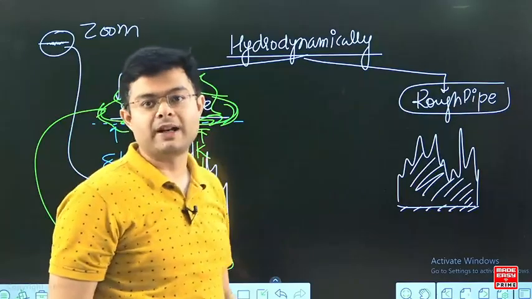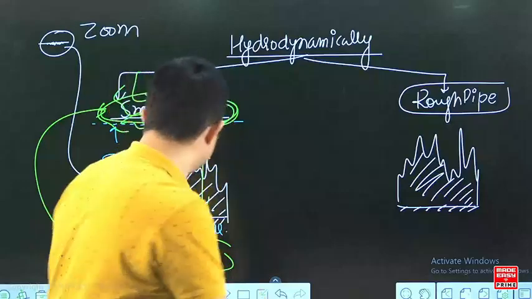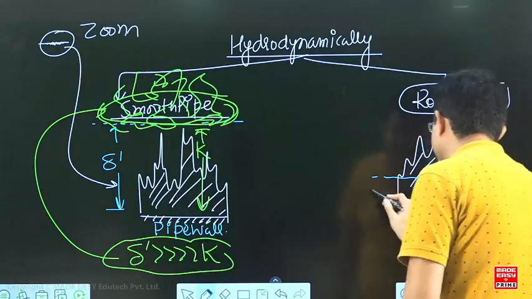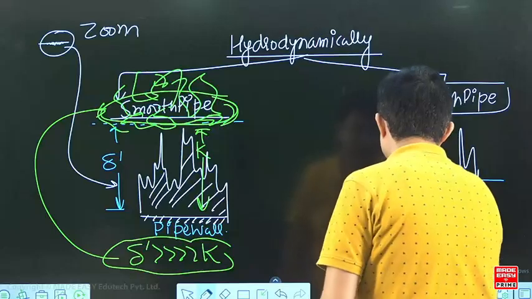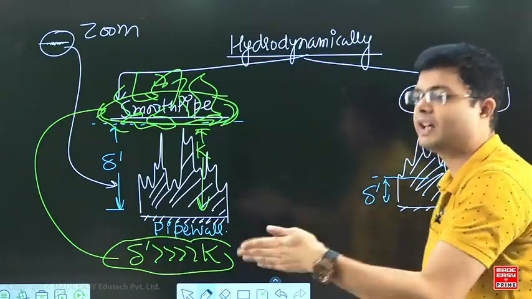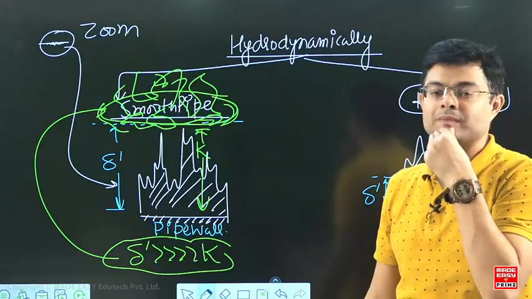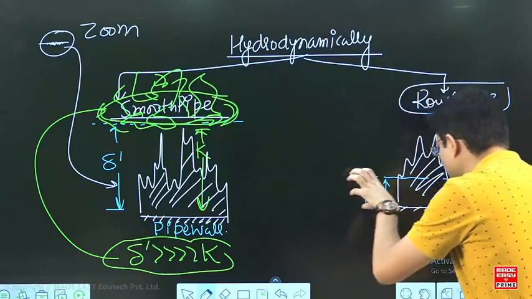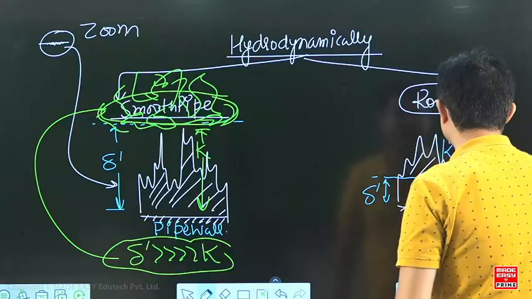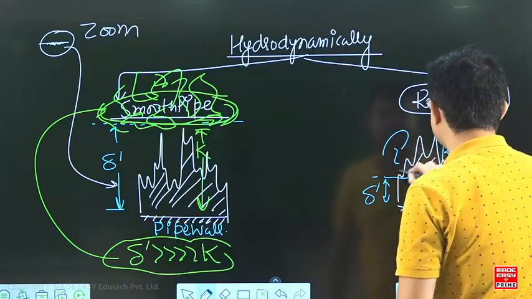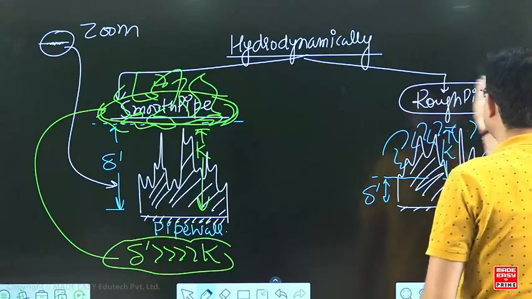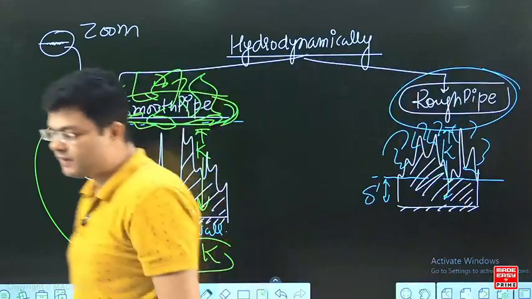Then what will be a rough pipe? Rough pipe will be opposite of this. Opposite of this means that the height of laminar sublayer is very, very less. If the height of laminar sublayer is very, very less in comparison to the height of roughness, then the turbulent eddies will be able to strike with the roughness, and such a pipe is known as a rough pipe.